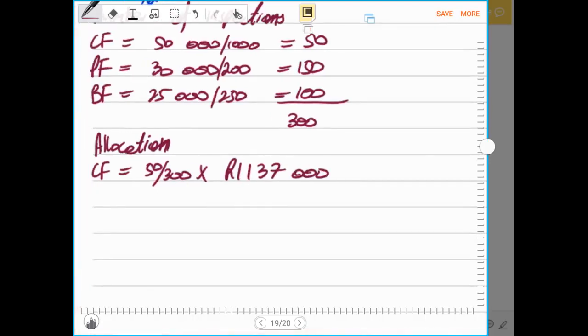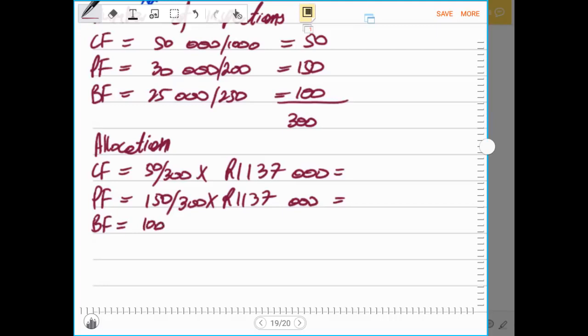Then the second one is product PF, which is 150 over 300. This will give us half of 1,137,000. Product BF is 100 divided by total inspections, times 1,137,000.